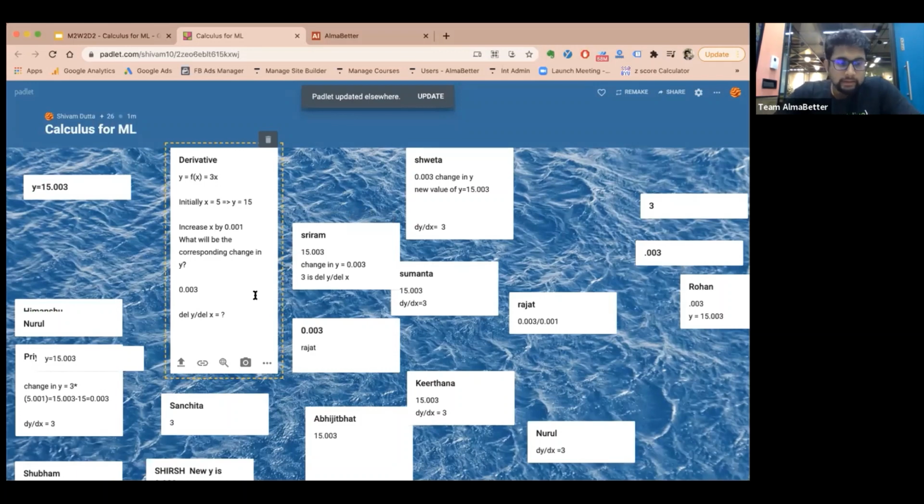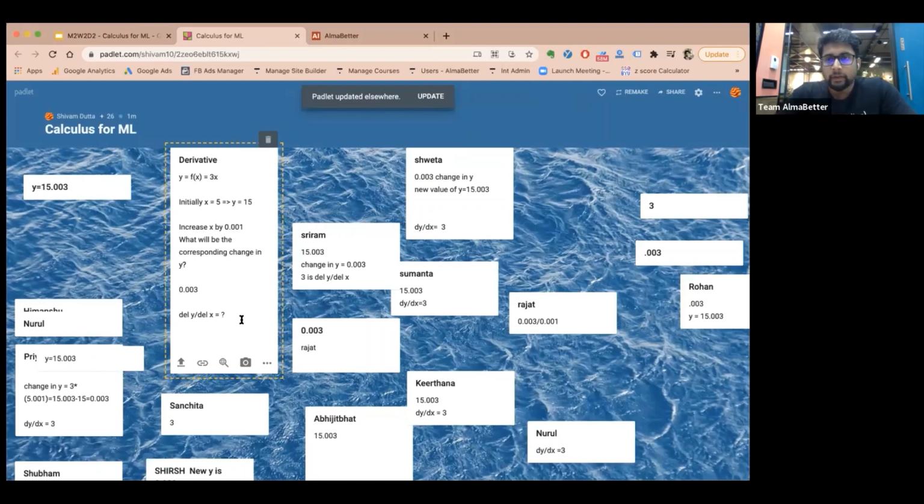And when you have multiple variables, you will use some composite formulas, but the essence remains the same. Let's say there are a lot of variables on which y is dependent. Let's say y is a function of x and z.